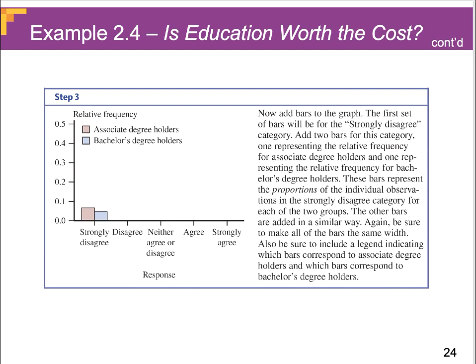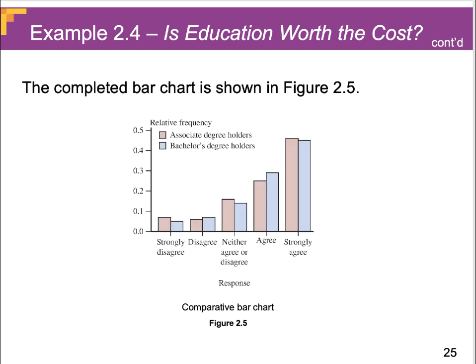And then we have the strongly disagree category for both of them side by side. You can continue to build this with the disagree category, neither agree nor disagree category, agree, and strongly agree. Having them side by side here would help you make a comparison to see how the groups differed with their responses.